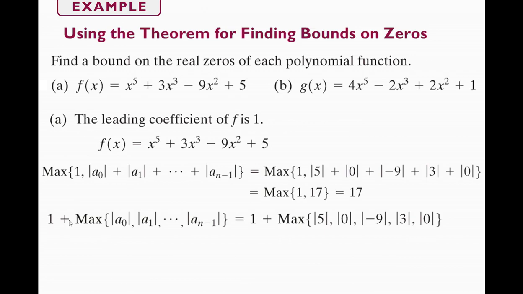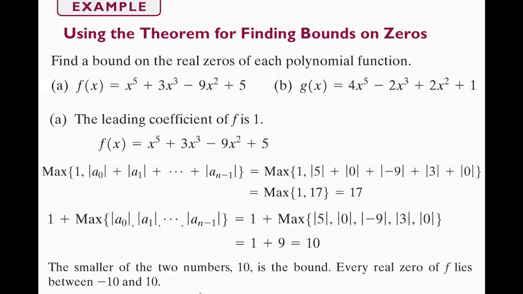The other bound on our zero is going to be 1 plus whichever absolute value of our coefficients gives us the biggest number. So 1 plus, we look at absolute value 5, 0, negative 9, 3, and 0. Our max is going to be the absolute value of 9. And 1 plus 9 is 10.